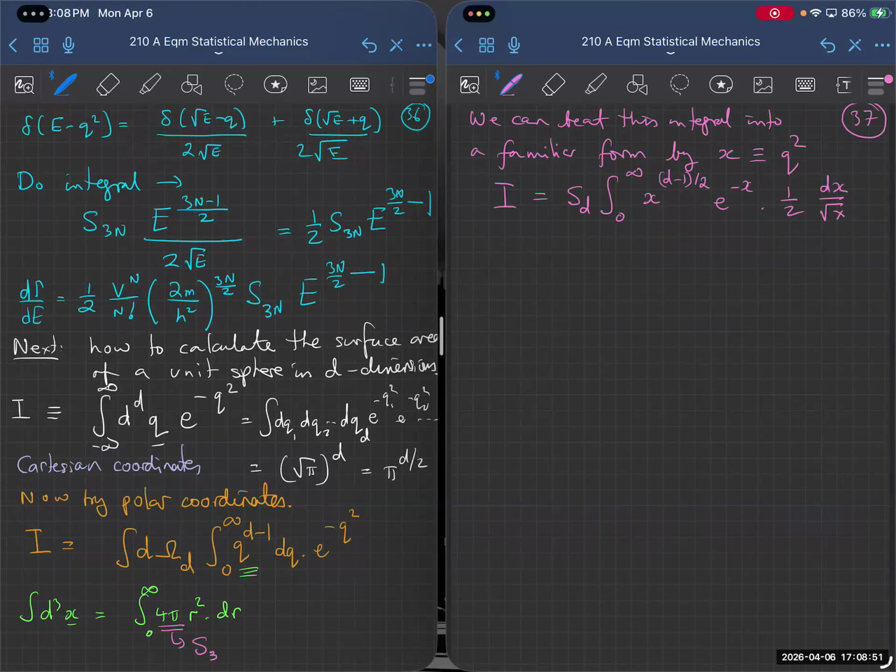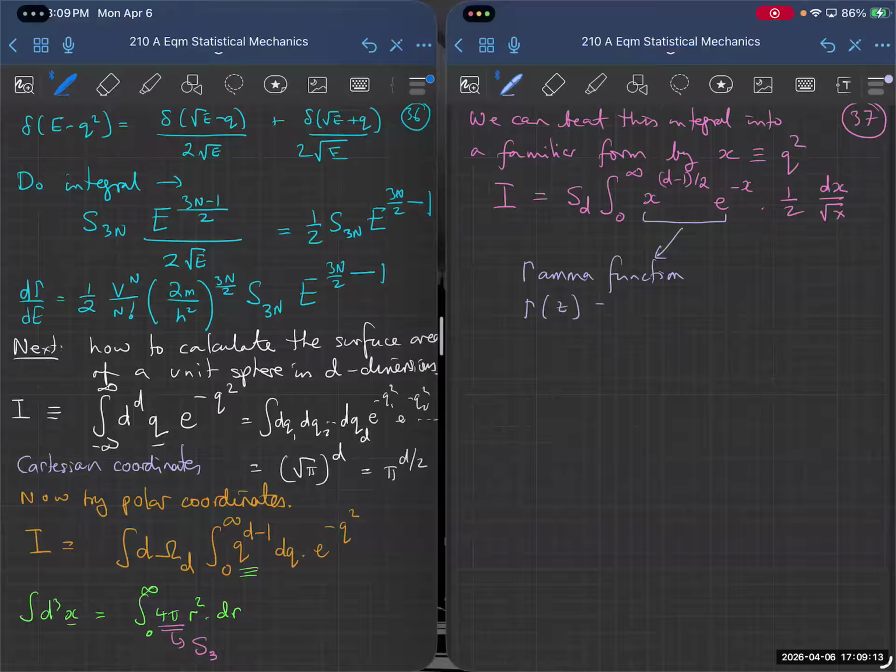If you've seen it before, you'll notice that this integral reminds you of what's called the gamma function. Let me write it down for you. Gamma of z has nothing to do with statistical mechanics.